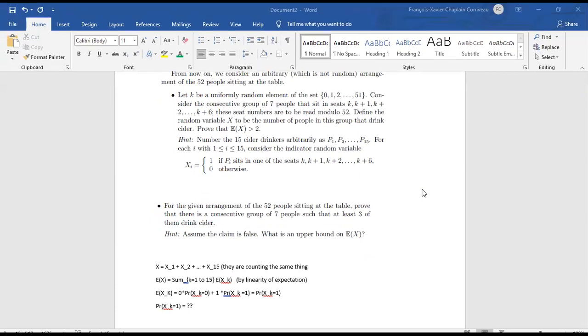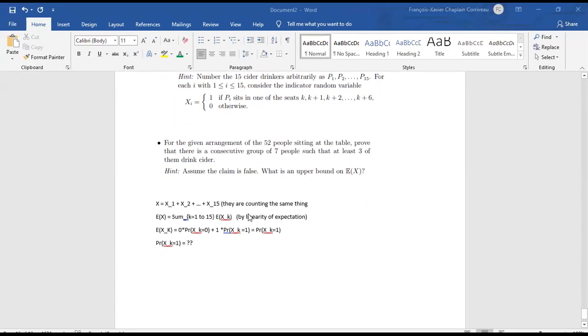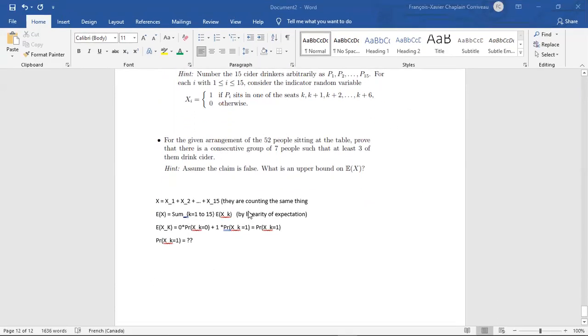Because I have 7 chairs. If I chose one of these 7 out of 52 chairs, then I was in this group. Here, this is just 7 over 52.